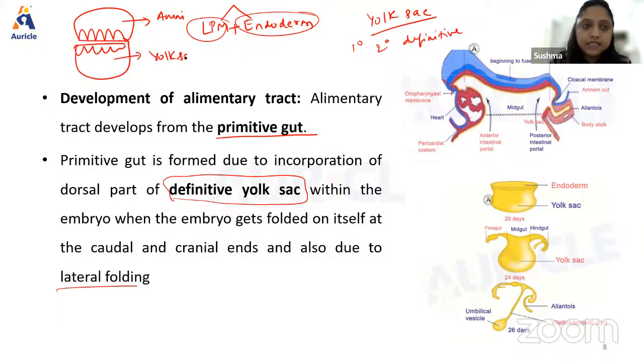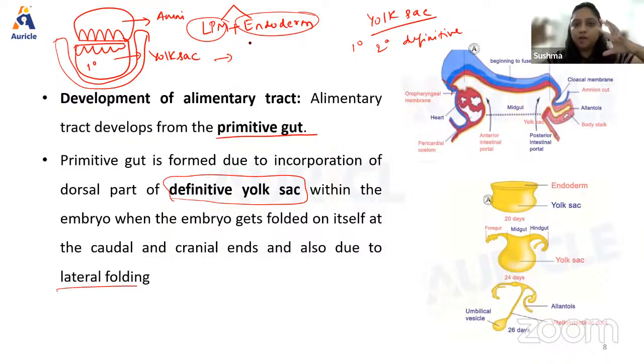This is the primary yolk sac that is formed very early in the development. After that, the extra-embryonic mesoderm undergoes differentiation and starts forming a coelom around it, called the extra-embryonic coelom.